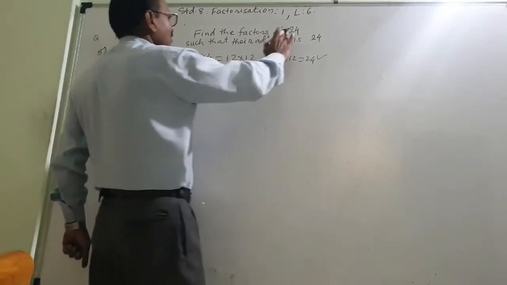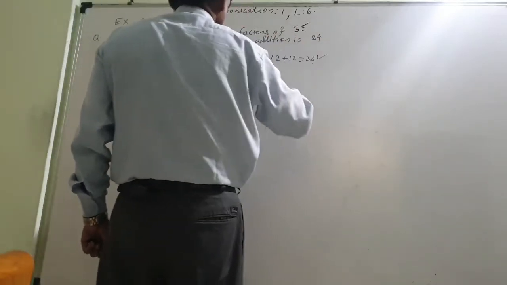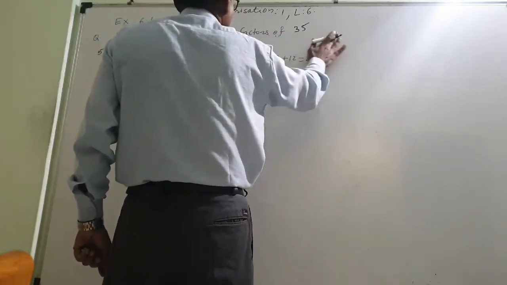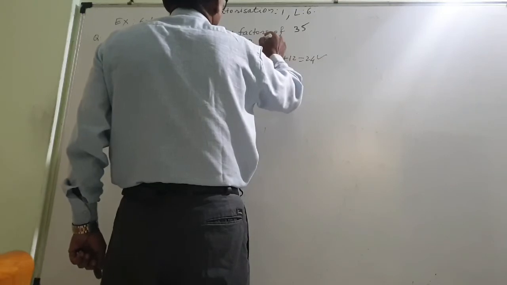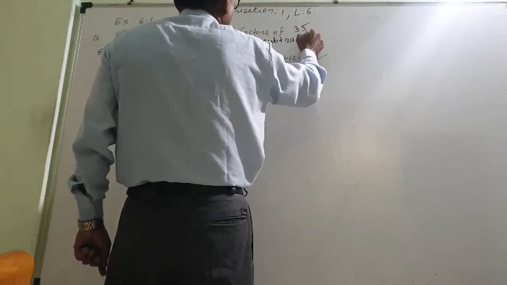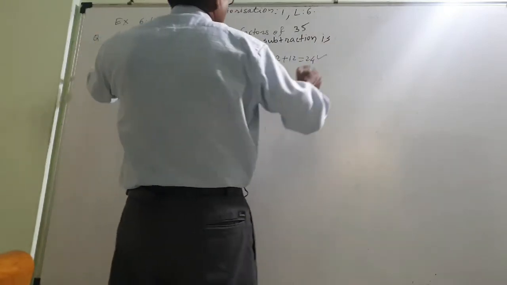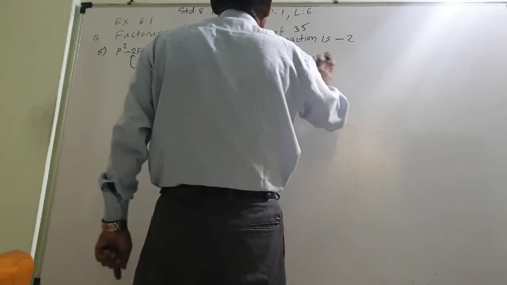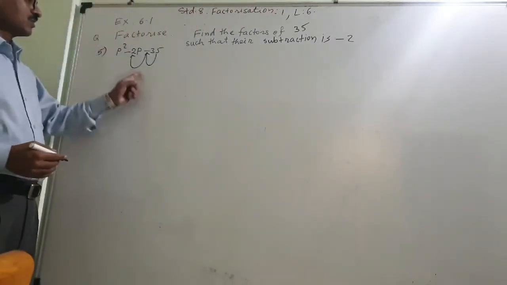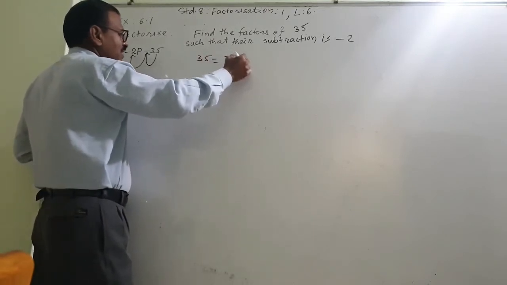So factors of 35 such that their addition, instead of addition, what I will write? Subtraction. How much do I want? Minus 2. Okay. So 35 is equal to 7 into 5.